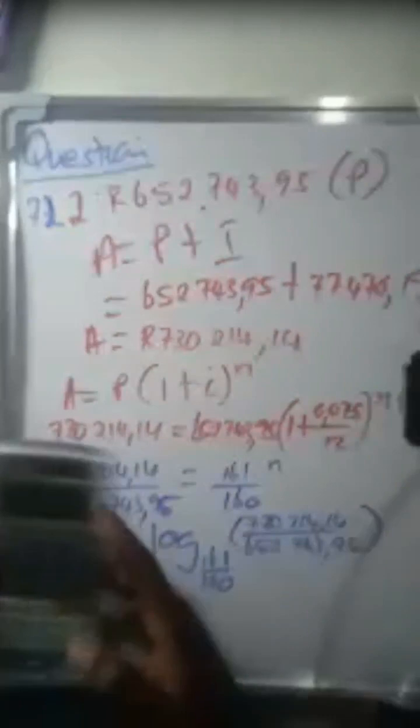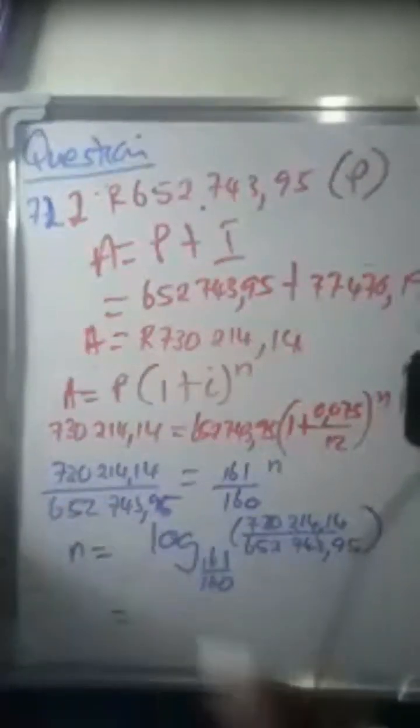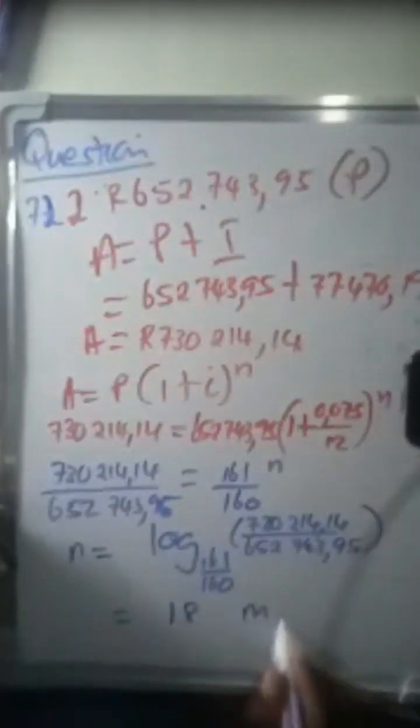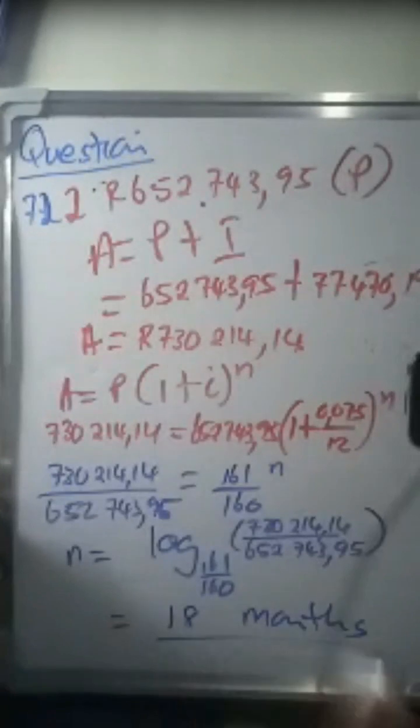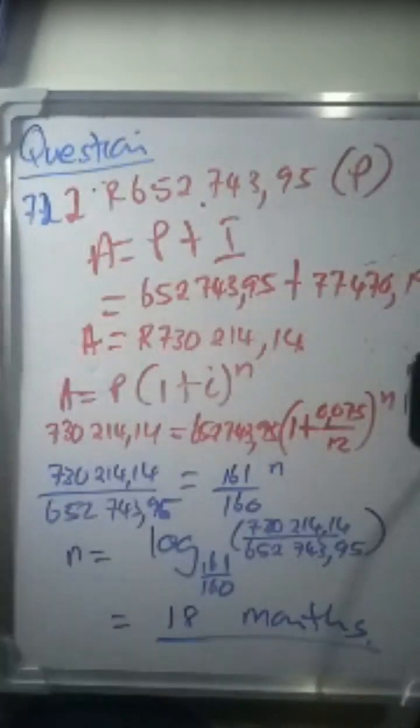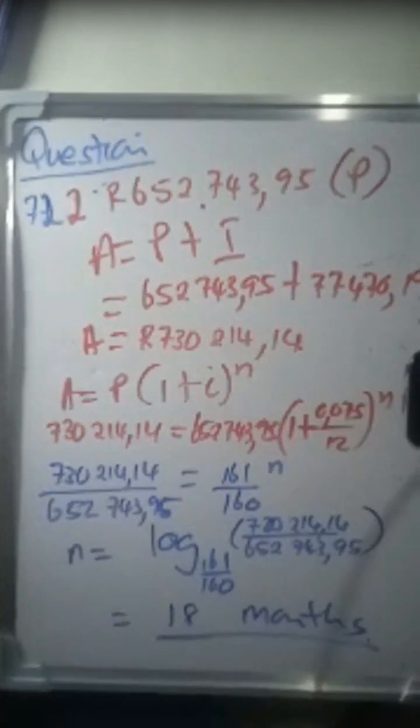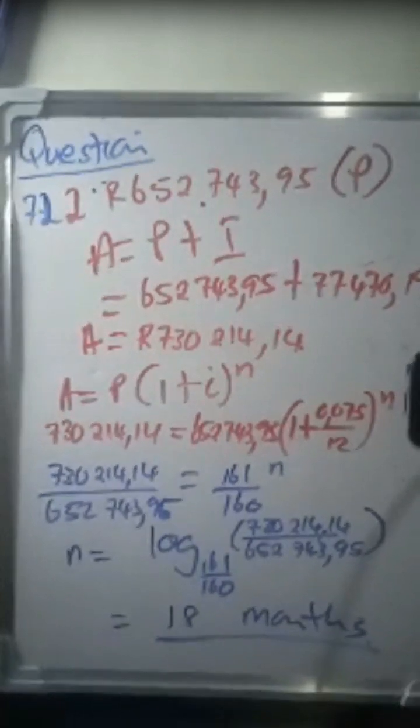Then you see that we get 18 months. So it means this person left this amount of money for a further 18 months after the expiration of the 60 months.